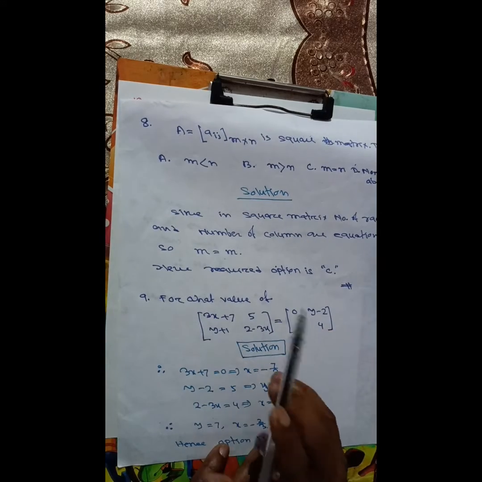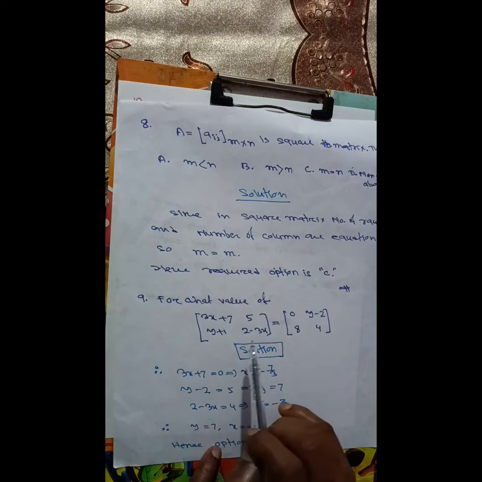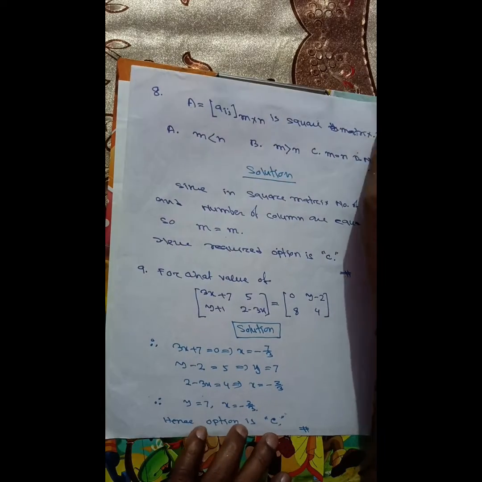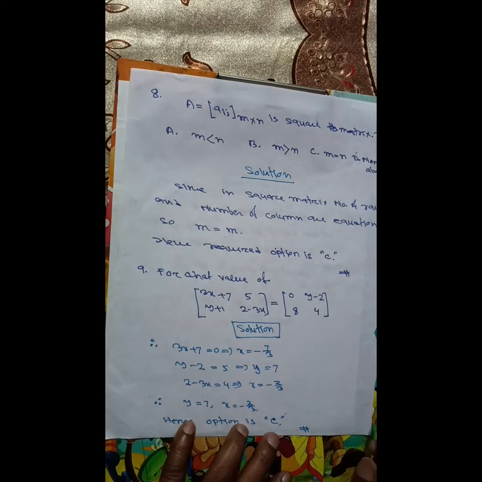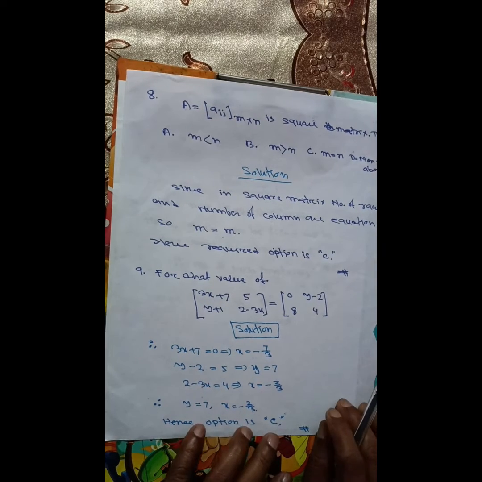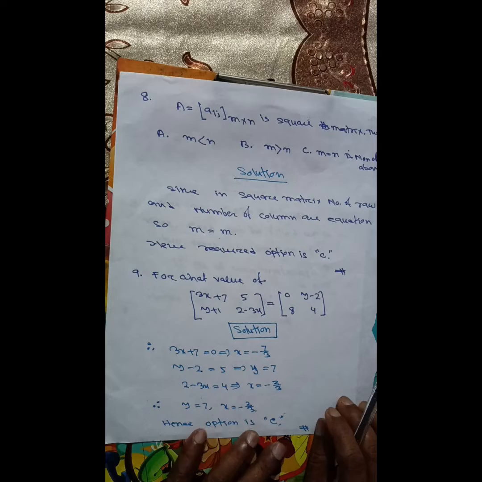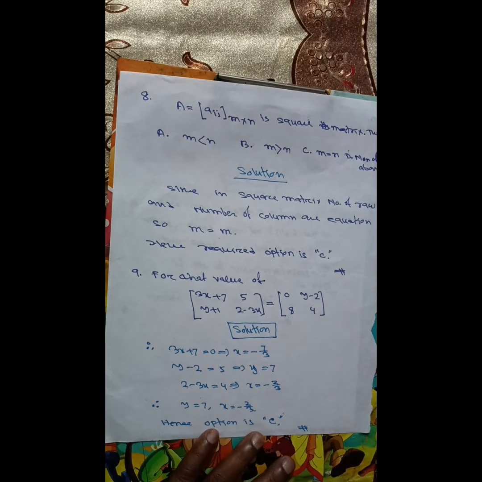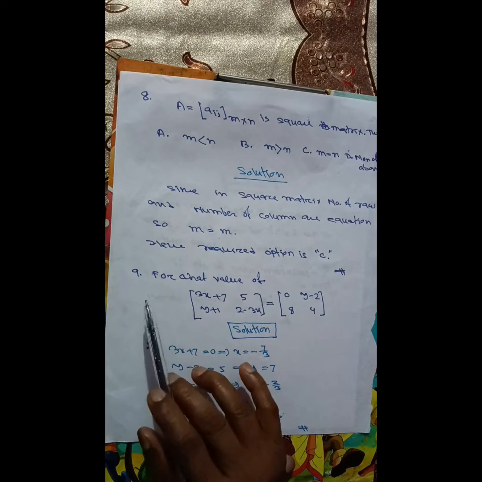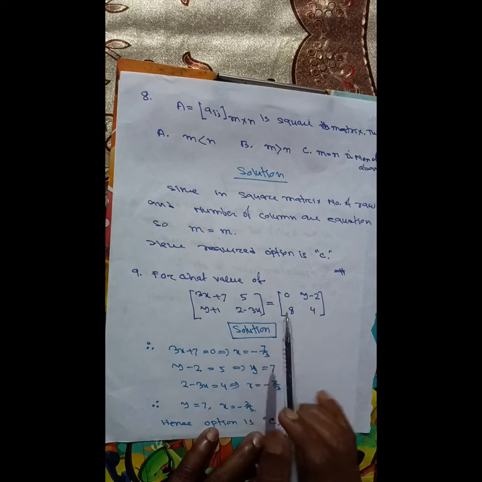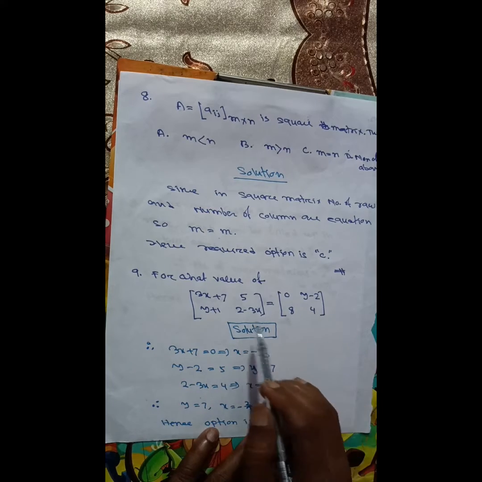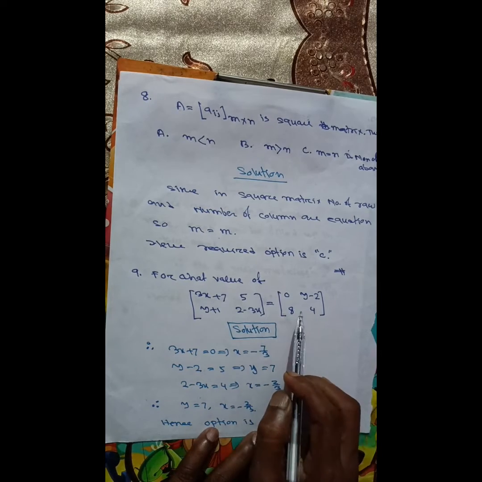Question number 9, a similar type of multiple choice question. This type of question is very important from the JEE point of view and CET point of view, or various examinations like Olympiad. For question number 9, for what values of x, y and z are these equal?